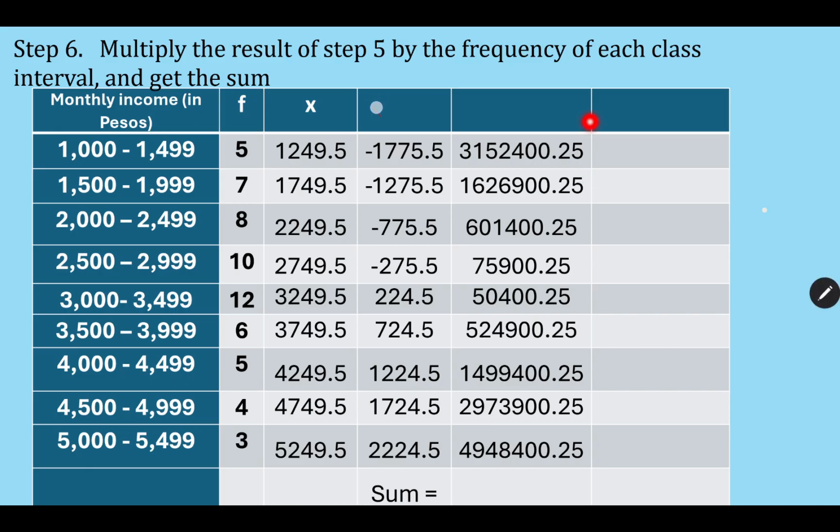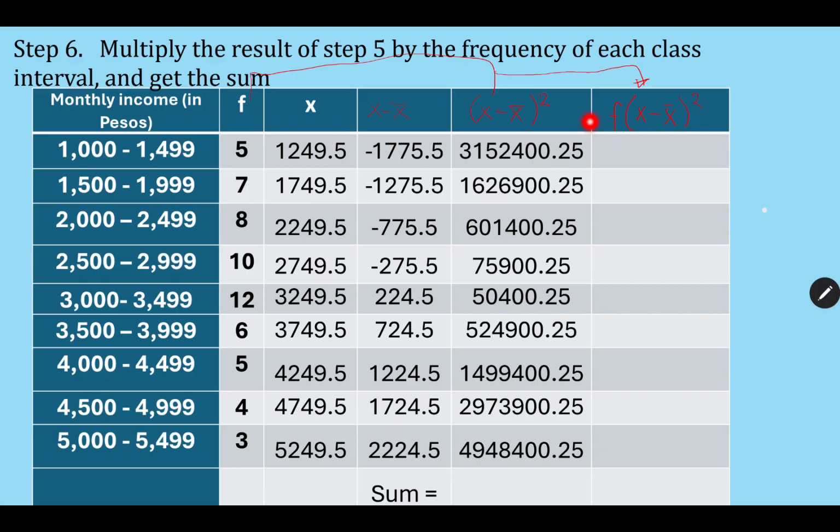So again, this is our x minus the mean, and this is the square of x minus the mean squared. The last column would be to multiply the frequency in this, giving us this last column. So this will be f times x minus bar x quantity squared.